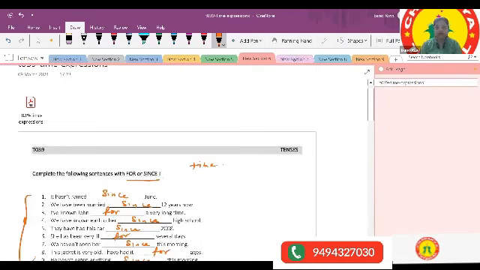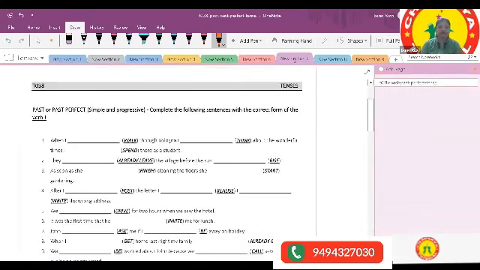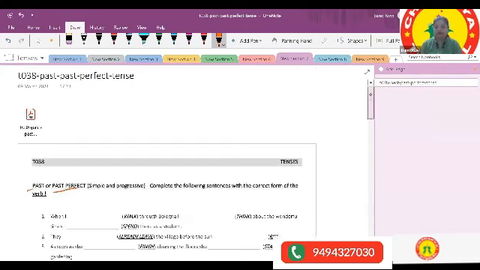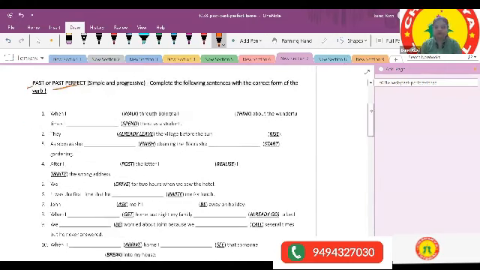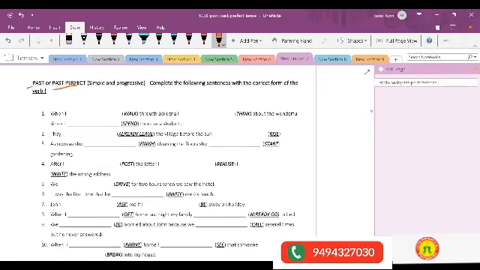Let's do more. Okay, we are going to use past or past perfect. Who's left out? No one is. You start. Abhinav.